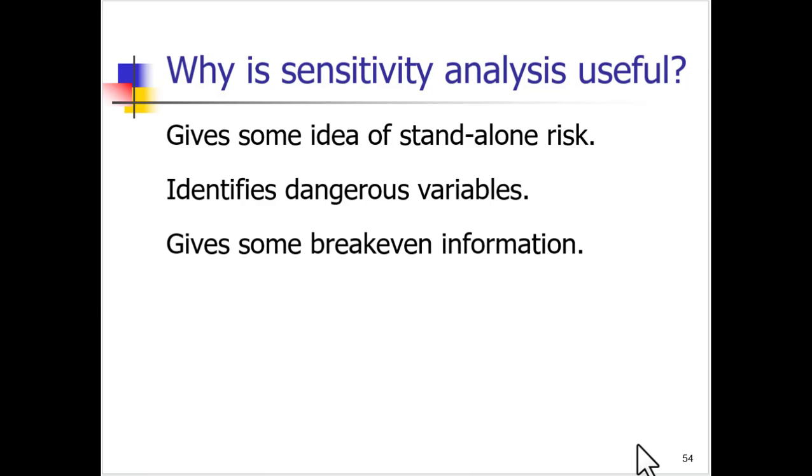Well, it gives us an idea of standalone risk, right? It identifies dangerous variables, right? Gives us some idea of some break-even analysis, right? What are the break-even values of our variables that make net present value a go or no-go type of an answer?